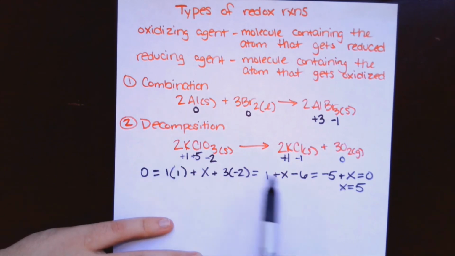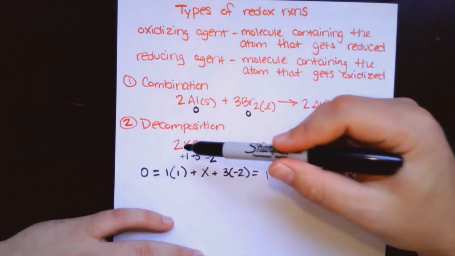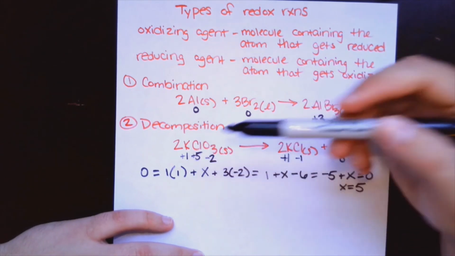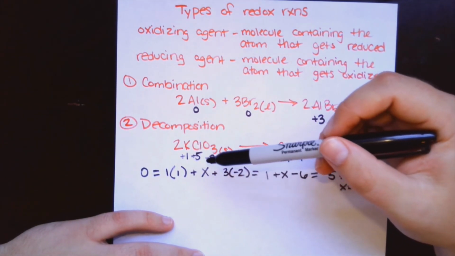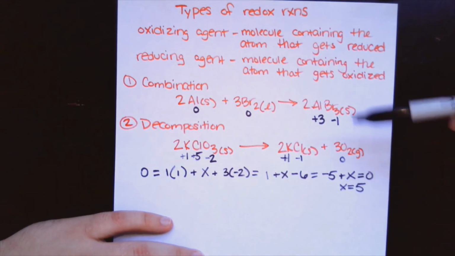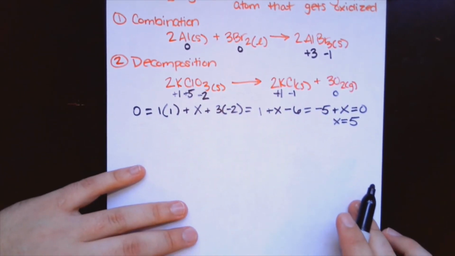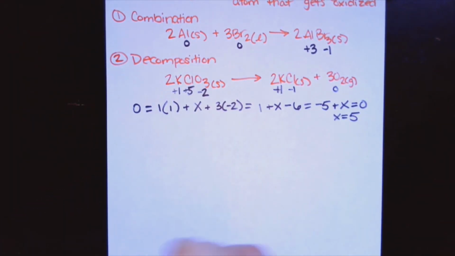So potassium did not change. Chlorine, though, went from +5 to -1. So chlorine here is the species that reduced, while oxygen went from -2 to 0. That went up, so that oxidized. As it turns out, since we're only starting with one molecule to begin with, the KClO3, it happens to be both the oxidizing agent and the reducing agent simultaneously.